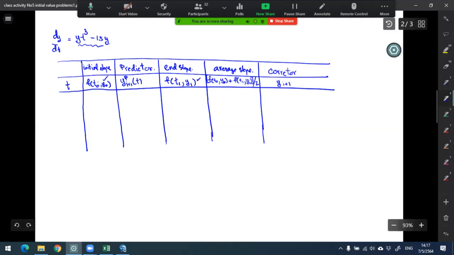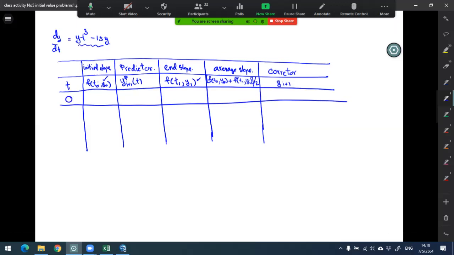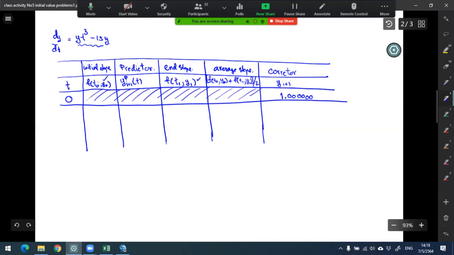Okay, we may start with the initial value first. For the case of initial value, when time equal to 0, y equal to 1. Okay, so in this case, this row is not necessary to determine because this is the initial step.